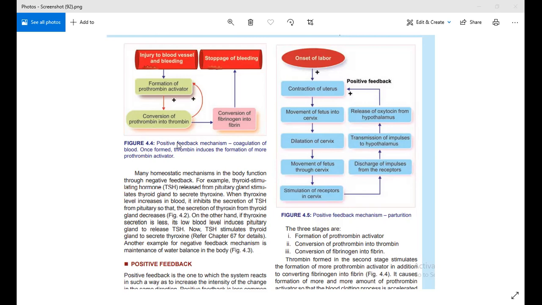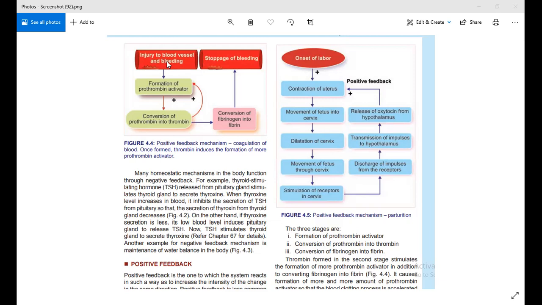So let's take blood coagulation or blood clot formation. Coagulation of blood is an example of a positive feedback. Why? Now, let's start from here. When your blood vessels are injured, in anatomy, we looked at the histology of the blood vessel, where we talked about the endothelium of the blood vessel, yeah?